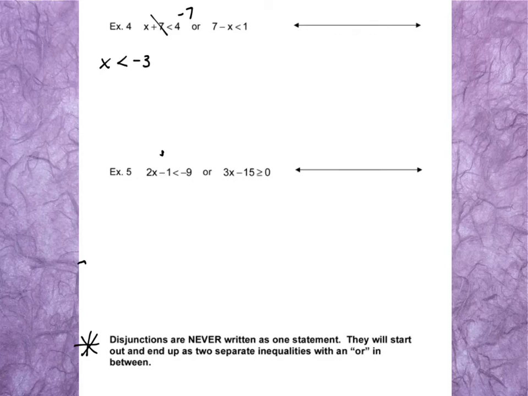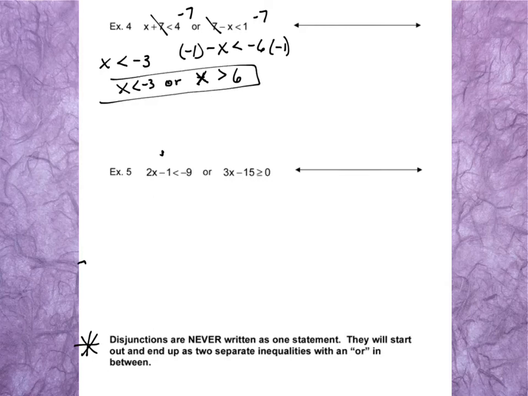And on this one, when you subtract 7, you have negative x is less than negative 6. Multiplying by negative 1, you have positive x is greater than positive 6. Okay? And so this is your answer. X is less than negative 3, or x is greater than 6.